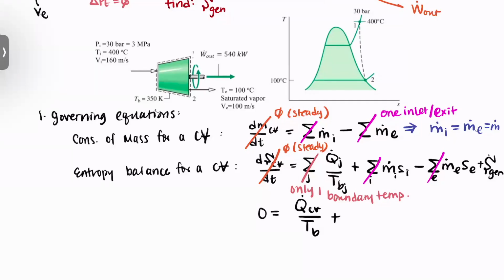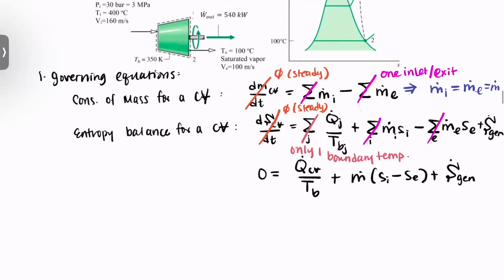And then we have plus m dot times si minus se plus S dot gen. Does the simplification of those two equations feel okay? Okay, cool.